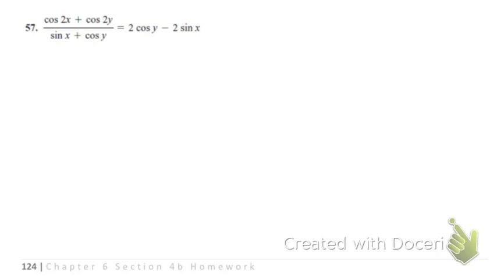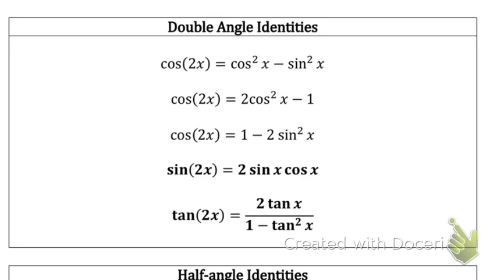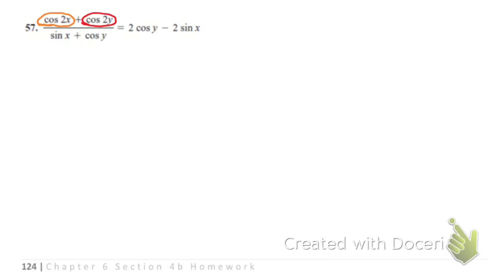This would be a good one to have on a test because it basically tells you what to do. So look on top and see that you have a cosine 2x and you have a cosine 2y. We can write those as any one of these top three. And the right-hand side tells you how to write it.